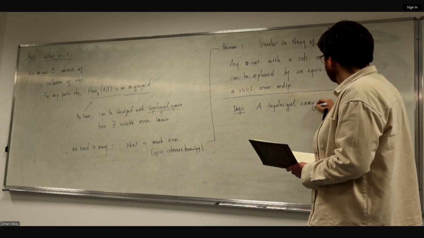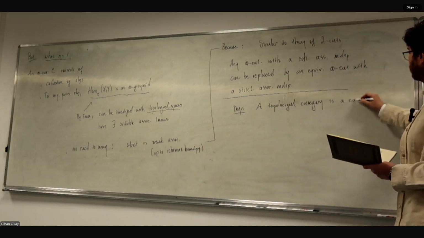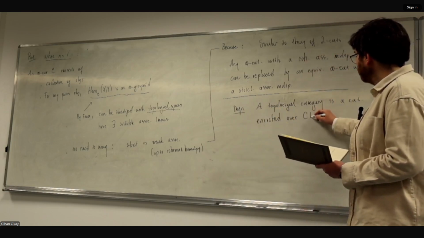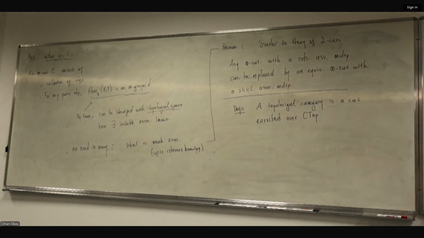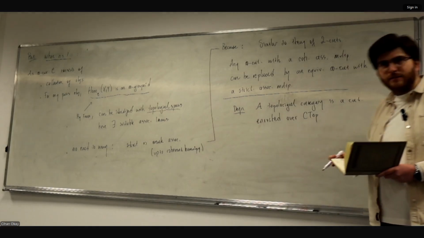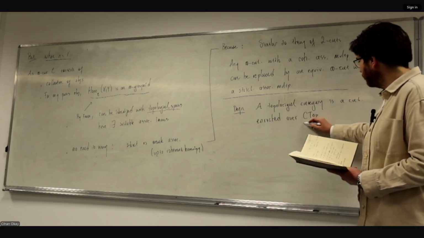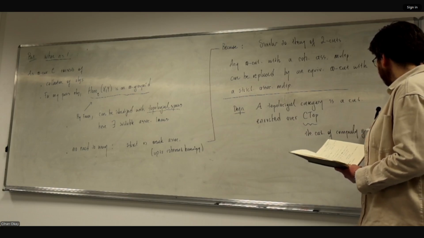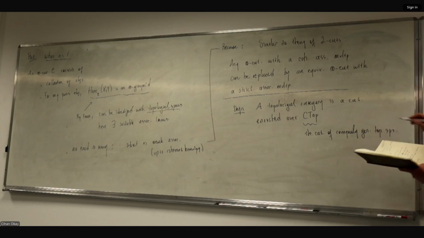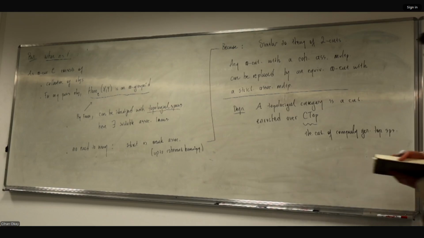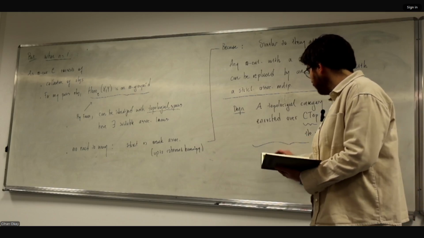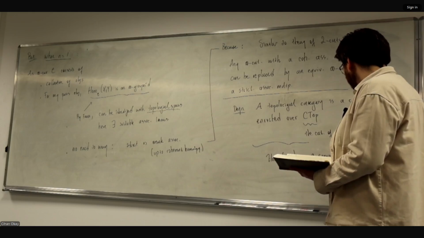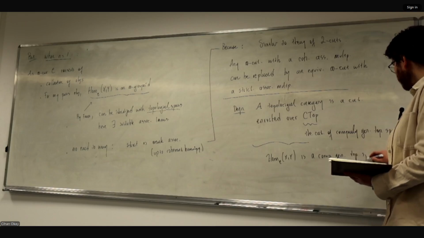A topological category is a category enriched over C top, where C top means the category of compactly generated topological spaces, with the Hausdorff condition as well. Enriched over that means your home space for all x, y is a compactly generated topological space.